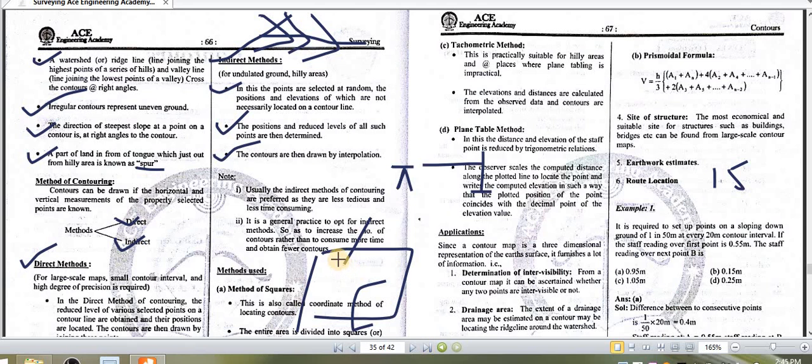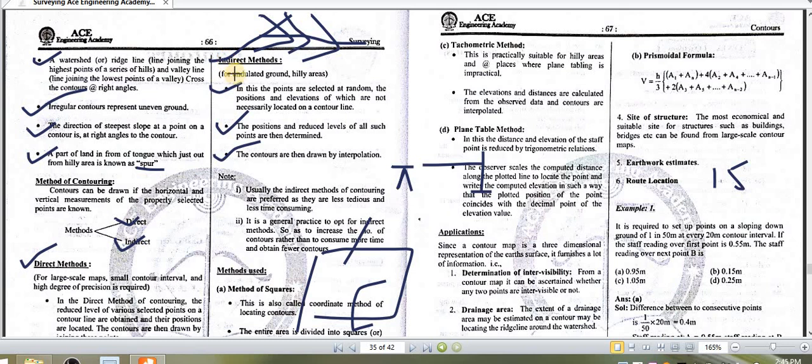In this method you will mark the area, measure the horizontal distances, randomly select some points, and measure the vertical elevation. After that you will do the interpolation, and based on the interpolation you will join the points having the same elevation.